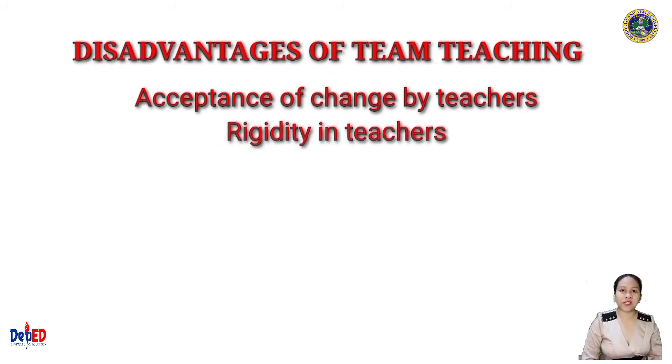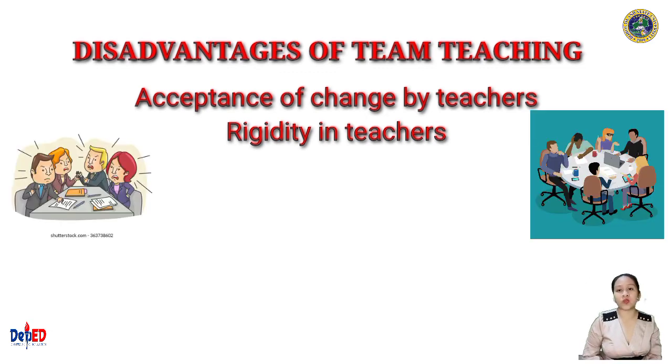Apart from accepting the change, teachers must be flexible to accept and adjust with other teachers. While working in a team, we must accept others' ideas and drop ours. Teachers should not have an ego and should handle criticism openly.